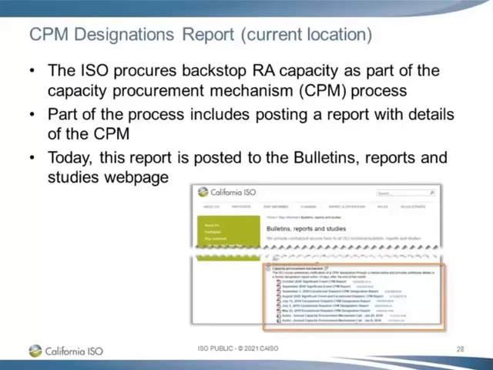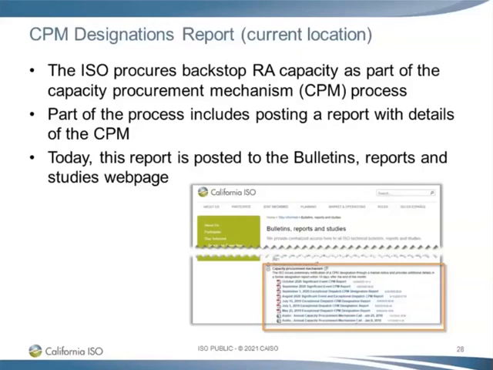If you're curious about that process and want to learn more about it, you can refer to Section 43A of the ISO tariff that covers the rules around that capacity procurement mechanism. And of course, the BPM for reliability requirements also shares the ISO's processes for implementing those tariff provisions.